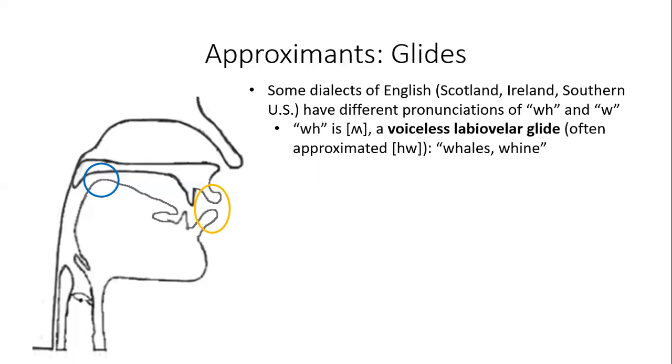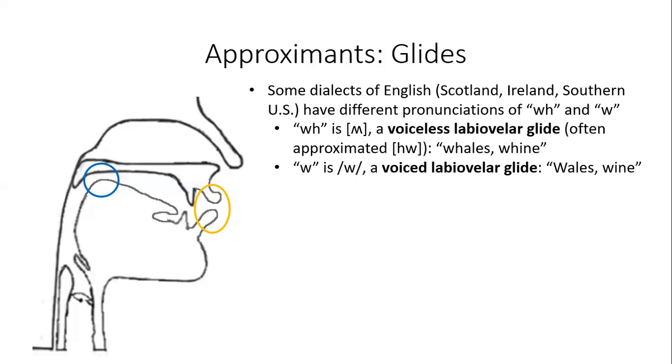All the sounds we've talked about in this video are voiced. Your vocal folds are vibrating for all of them. But for some people, they have this voiceless glide. And it sort of sounds like a hua, but for the native speakers, a lot of times it is actually a voiceless glide. So you'll hear it in whales and whine, as opposed to Wales and wine.